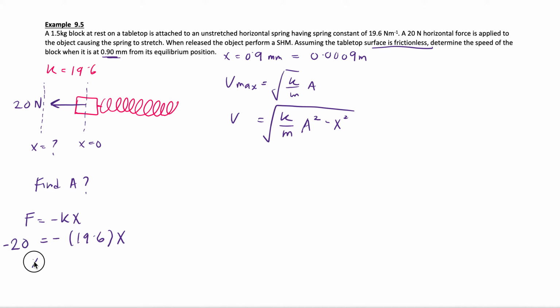So my maximum displacement is 20 divided by 19.6, which gives me x of 1.02 meters. If I'm applying a force of 20 newtons, this is applied, so applied is positive, I forgot. F equals kx.